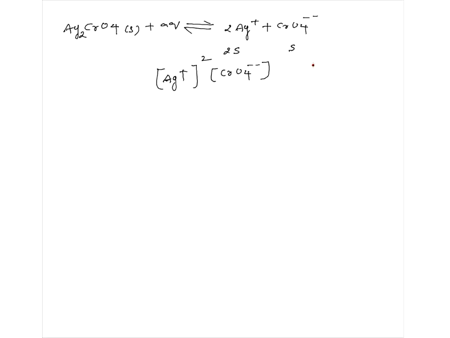And then you can tell whether the precipitation will occur, will not occur, or is just about to occur. So the Ksp concept helps us to predict precipitation of some particular thing when you have the presence of ions in the solution.